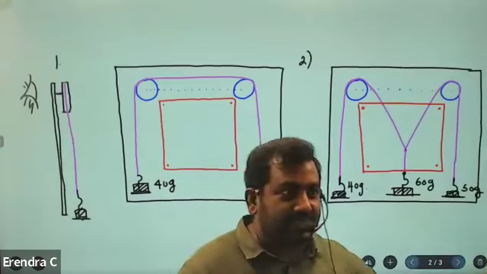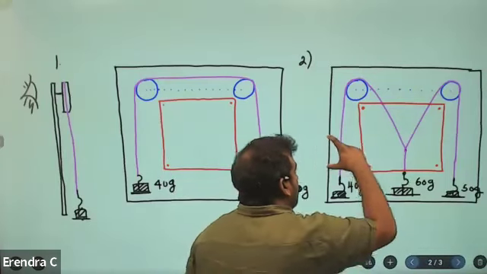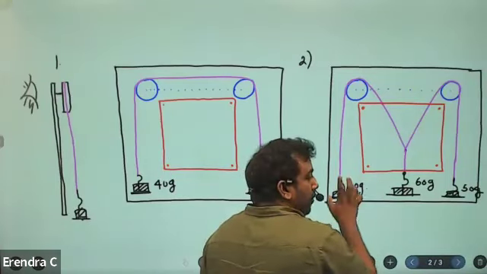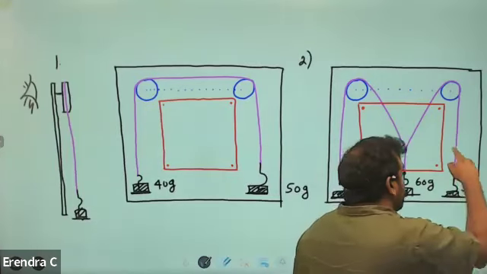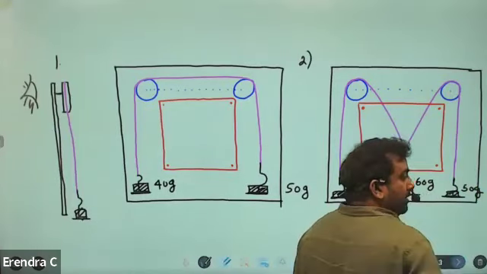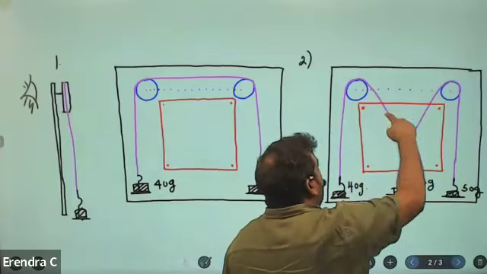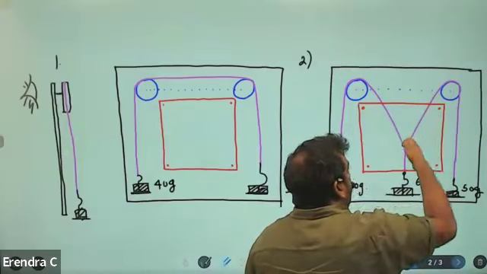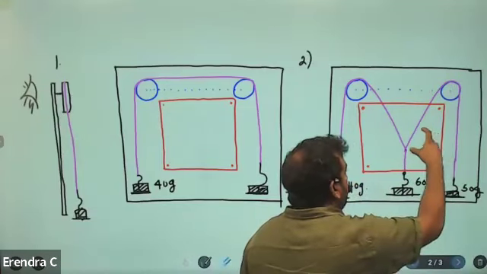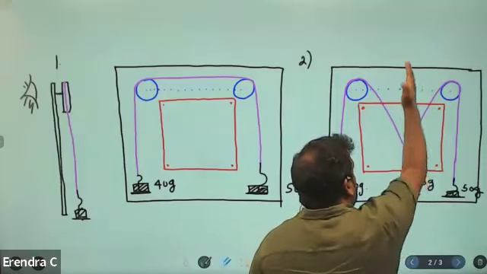Understood the common sense connection? This string is at rest. So tension is equal for a light string, not a heavy rope. Tension equals 40. This string is at rest. Tension equals 50. This string segment, 40, means 40 gram tension. This string segment, same string, so 50 gram tension. 40 and 50 will give you a resultant.